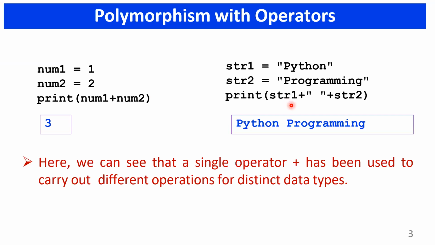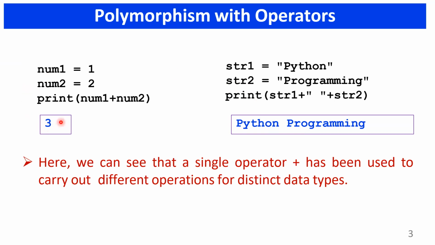Consider another example where there are two string variables, str1, which is initialized to Python, and str2, which is initialized to programming. Now, if we try to perform str1 plus str2, the Python programming is being concatenated. That means the two strings are concatenated.